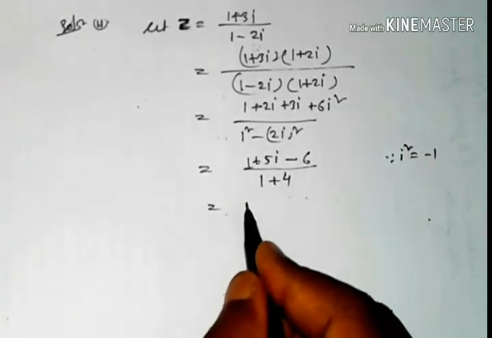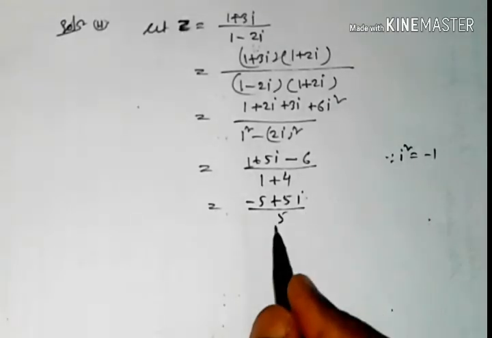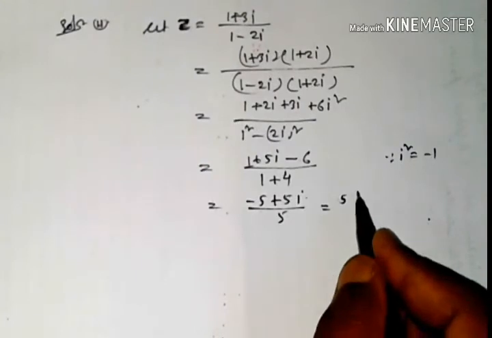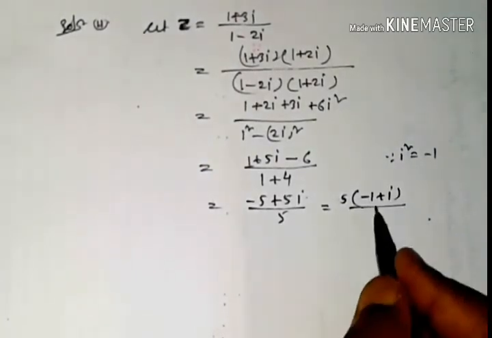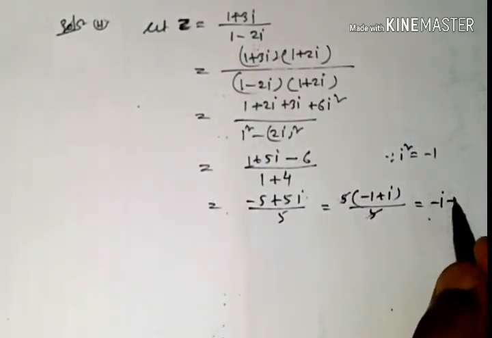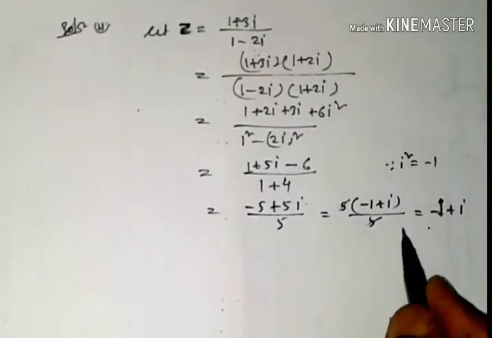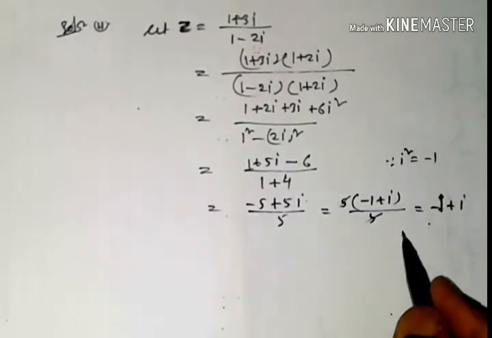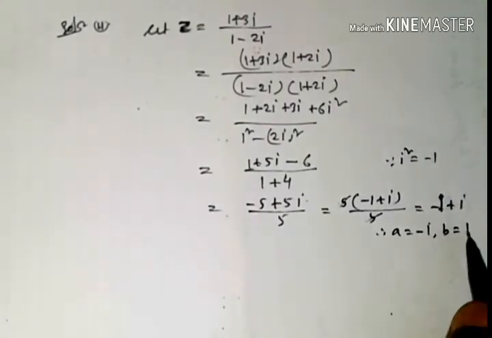Therefore, minus 5 plus 5i divided by 5. We can take common, minus 1 plus i. It is in a plus ib form, therefore a is equal to minus 1, b is equal to 1.